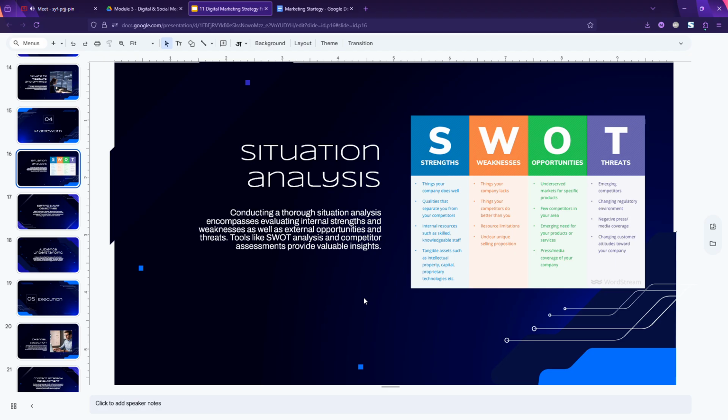SWOT analysis is applicable to everything in our life, even for your career, even for yourself. S stands for strengths, W for weaknesses, O for opportunities, and T for threats.